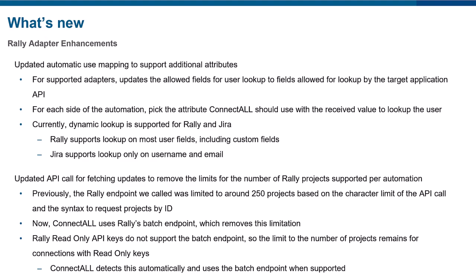So on each side, you pick the attribute that ConnectALL should use when trying to look up a user in that automation. So currently, this is only supported for Rally and Jira. On the Rally side, we support lookup against most user fields, including custom fields, while the Jira API in this case supports lookup only by username, display name, and email, and so has that limited set.